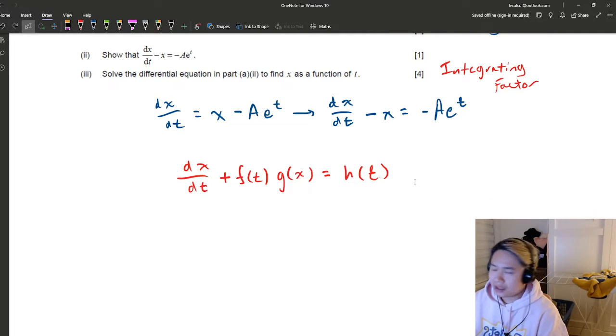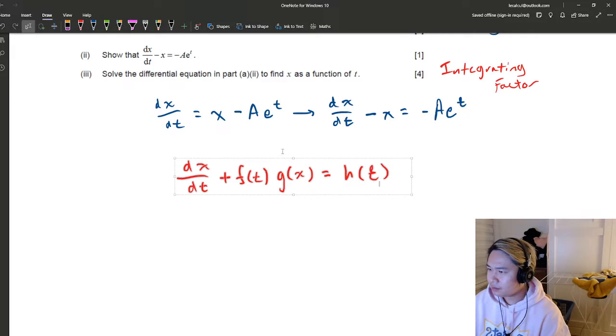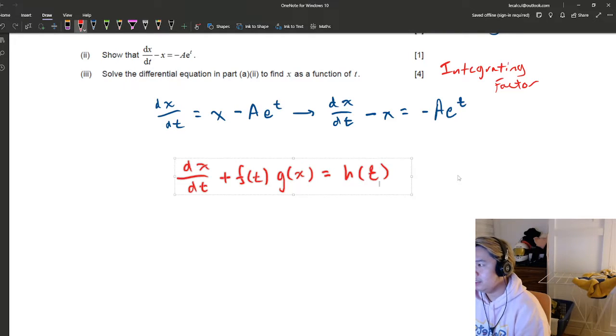I forgot the formatting, but whatever. If you have it in this format, where this side is just a variable of t, you have your derivative, and then plus or minus some expression of x multiplied with some expression of t, then we can use an integrating factor.